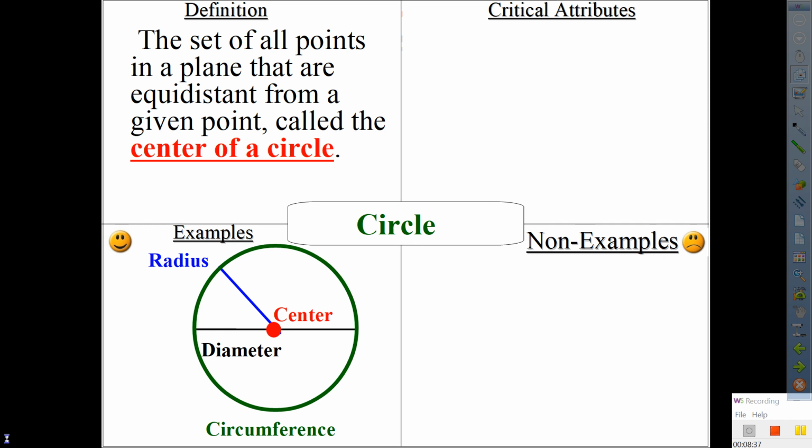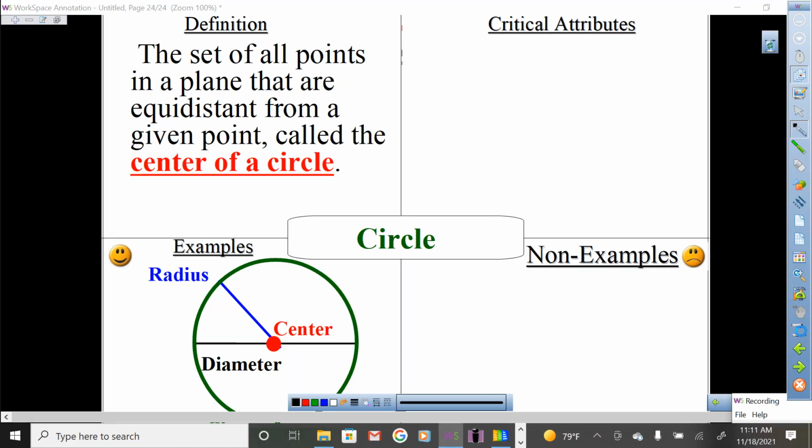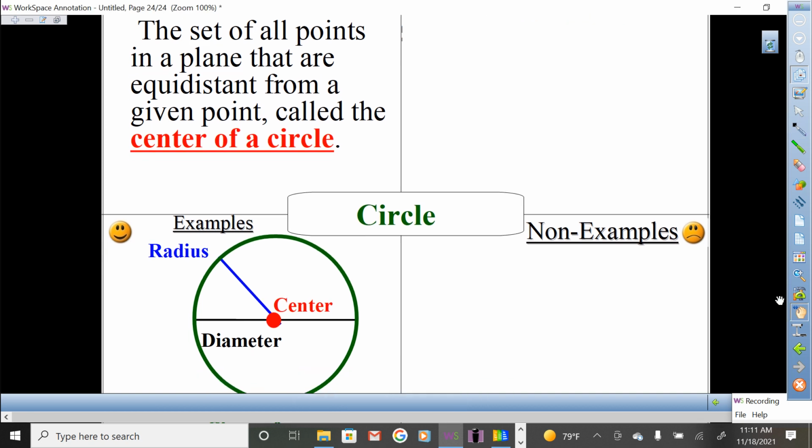Any questions with what a circle is? According to the definition, all these infinite points are equidistant away from what? From the center. Okay? So tell your neighbor a non-example and write it in there, or draw it in there, whatever you want to do. All right, Rachel, non-example.